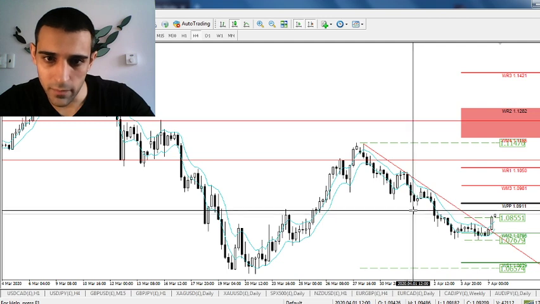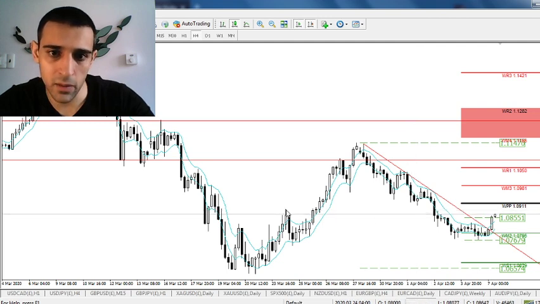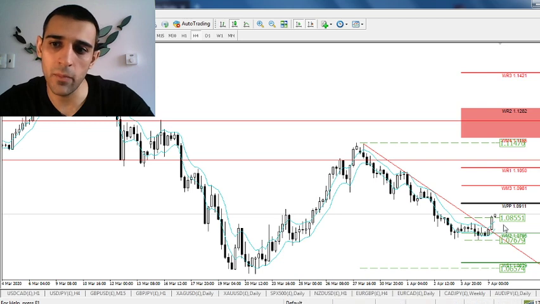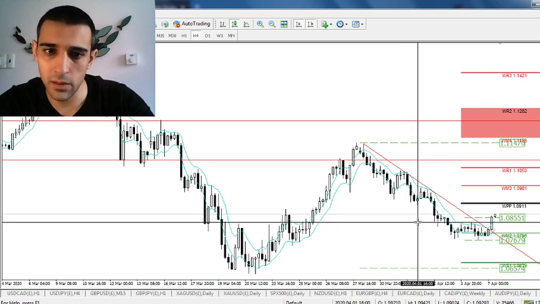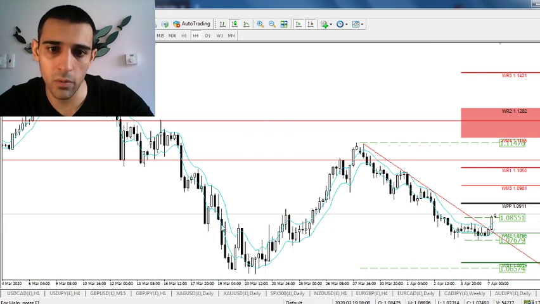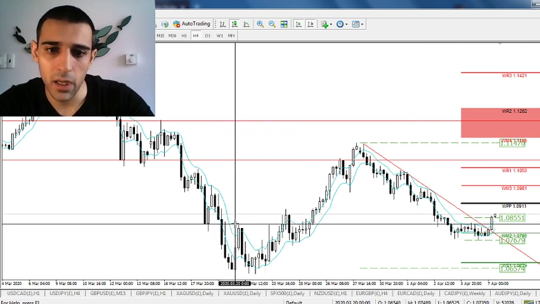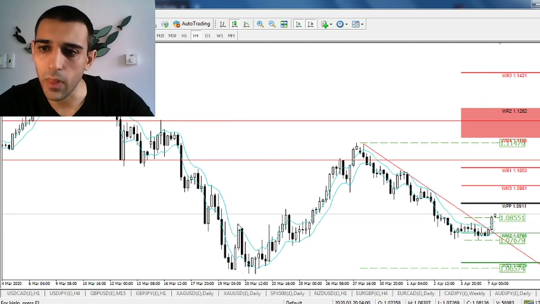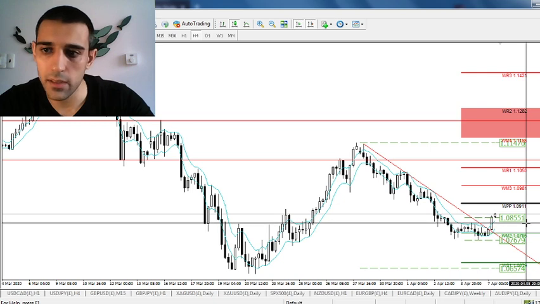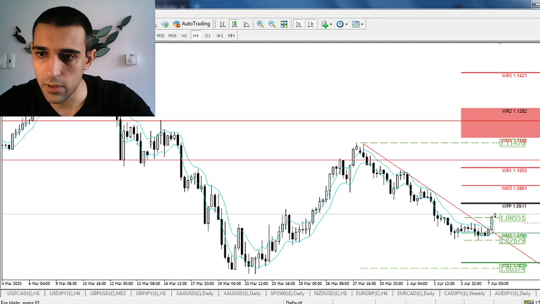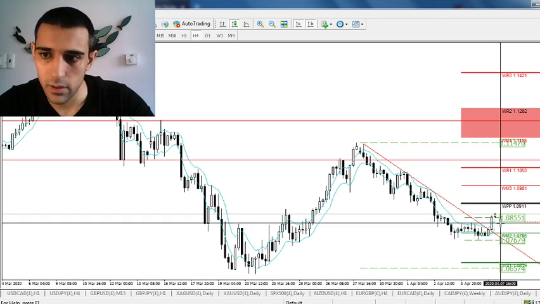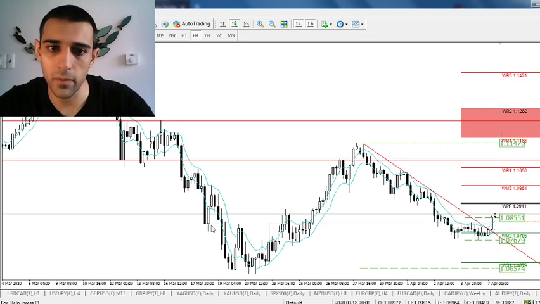Maybe after the price takes out this 4-hourly spike high, it might have a retracement and then come down to these lows. We have this 4-hourly low down here, which should act as a good support zone. So let's see if it does that. It's the 108.35 zone, roughly about that.